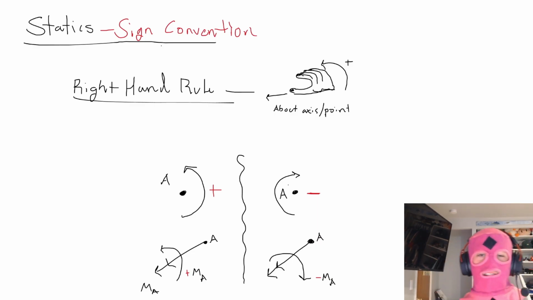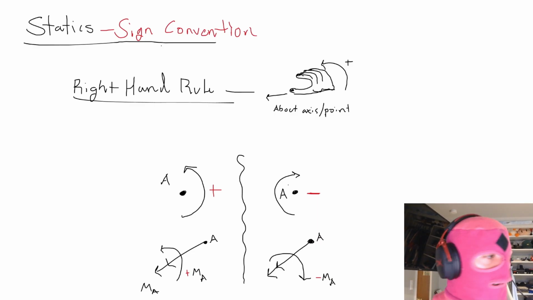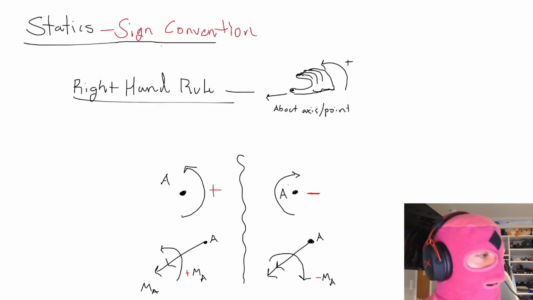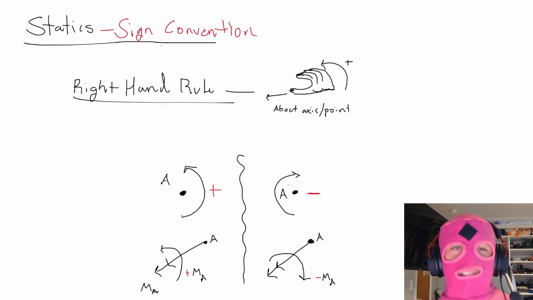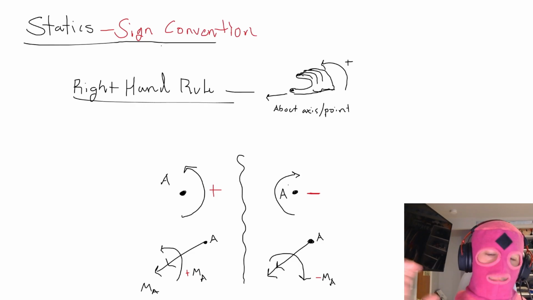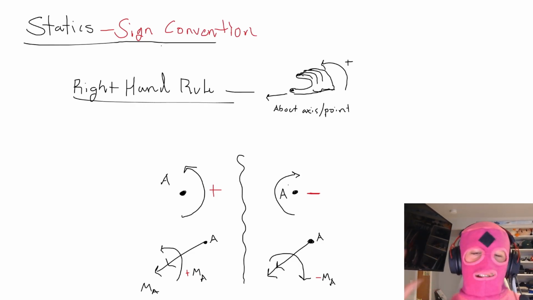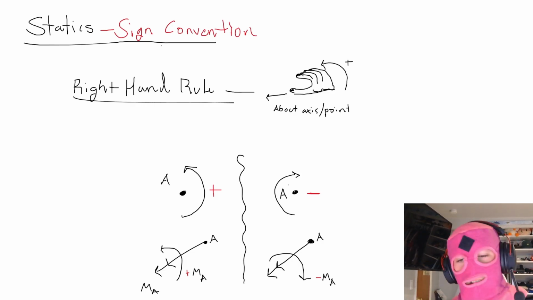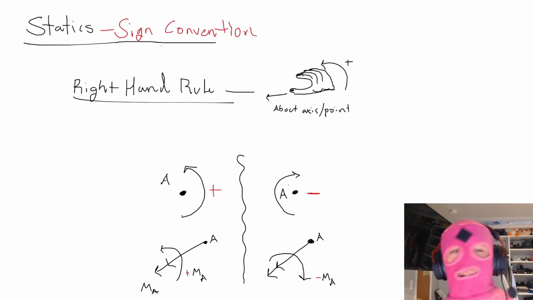Another way to remember this is relative to that plane, counterclockwise is positive, clockwise is negative. And you can kind of see with the more 3D examples down below, my thumb is pointing out of the page at A and that curl. Same thing with the negative. Do not use your left hand.